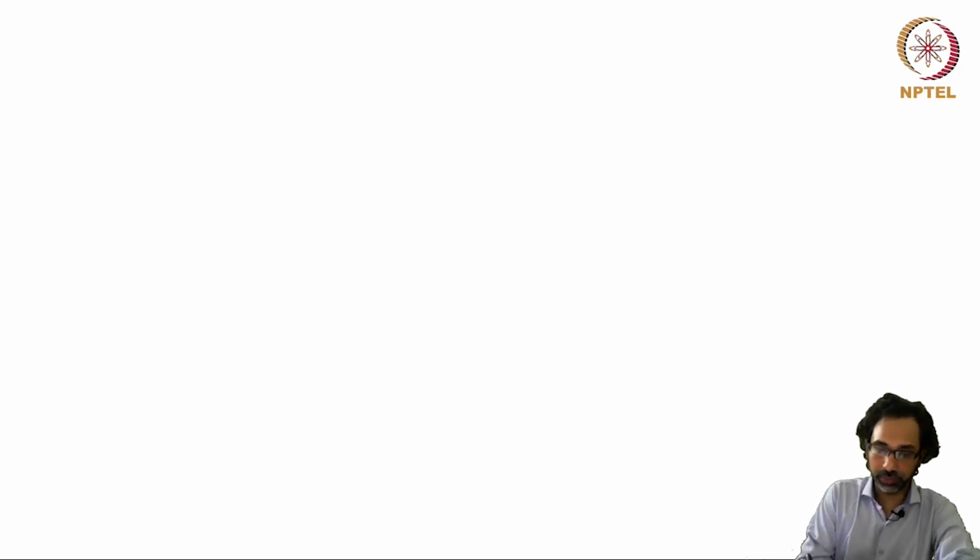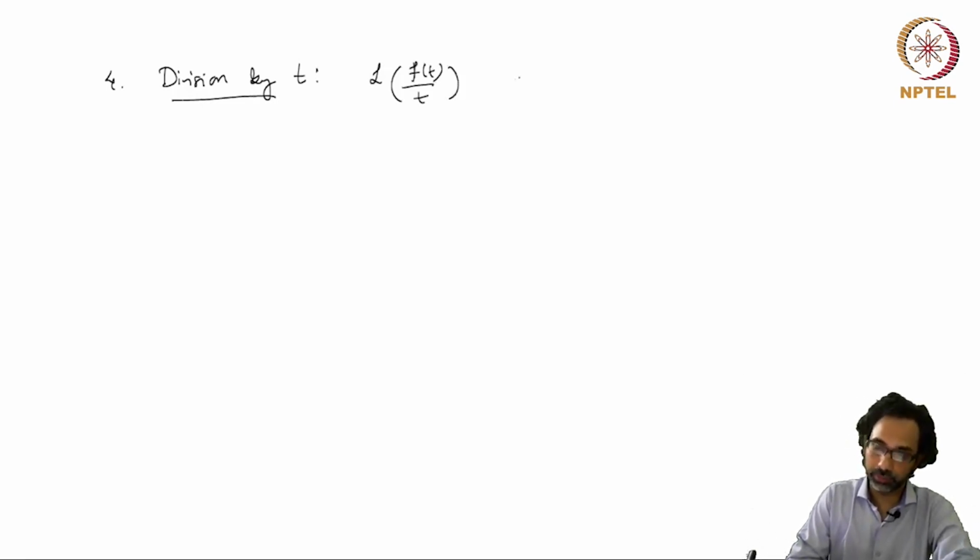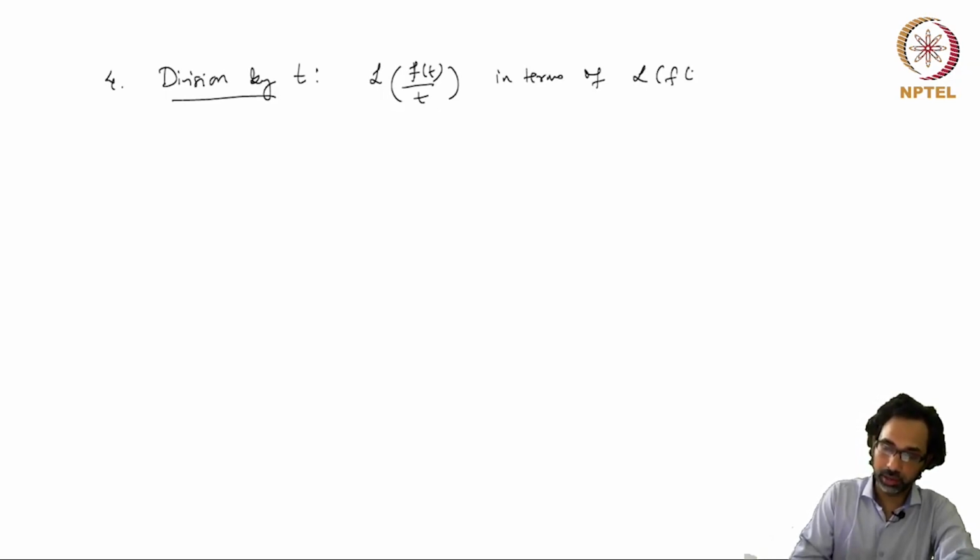Now let's come to the next property. This is division by t. So we would like to compute the Laplace transform of f(t) over t in terms of the Laplace transform of f(t).